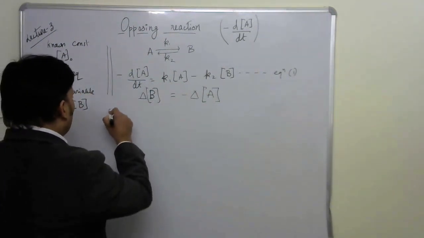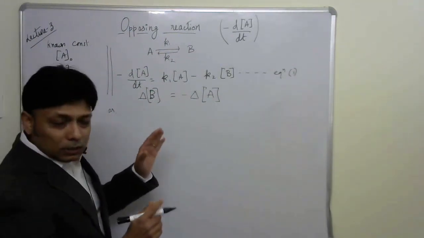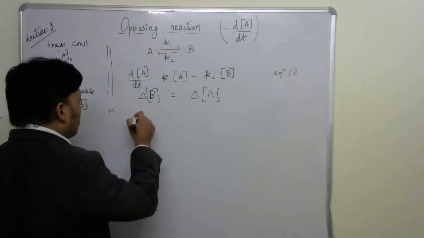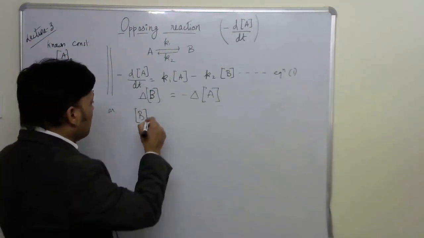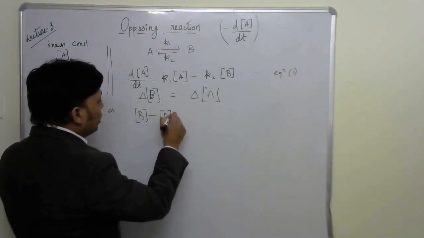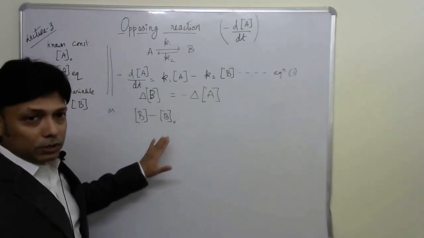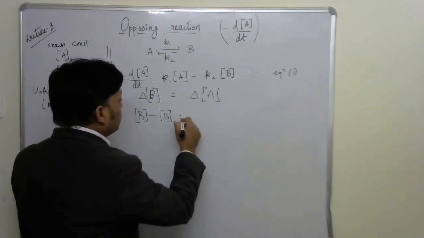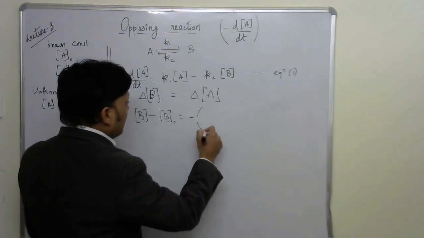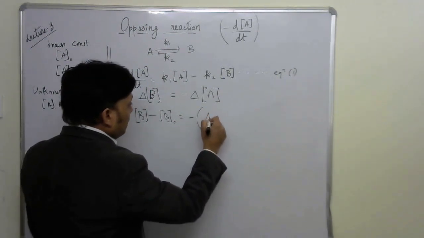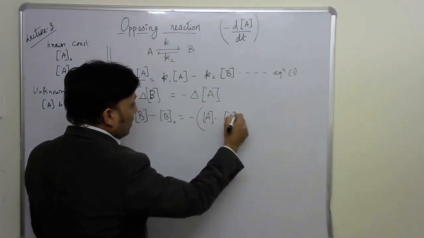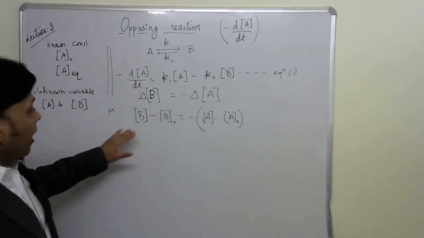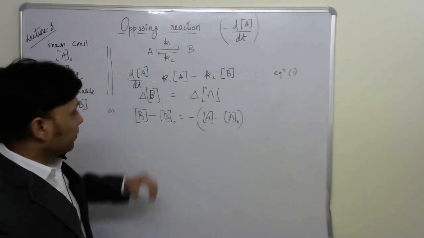Or we can write that at any time t, the concentration of B minus, let's assume the initial concentration at time t equal to 0 was B naught, is equal to minus, at time t it was A, and at time t equal to 0 it was A naught. Alright, so we have this equation.